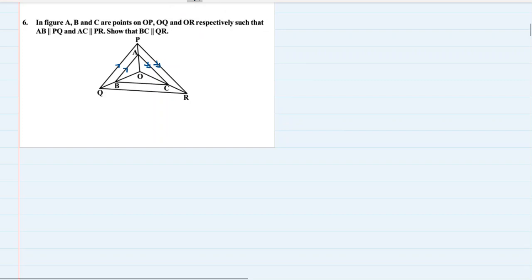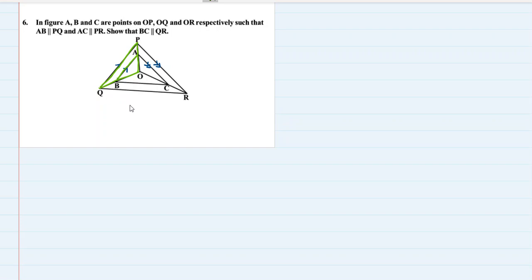Proof. In the proof, listen to my instruction. This is also to be done by you. First, you consider this triangle, the green triangle. In the green triangle POQ, AB is parallel to PQ. So by BPT, PA upon AO is equal to OB upon OQ. No need to repeat myself.